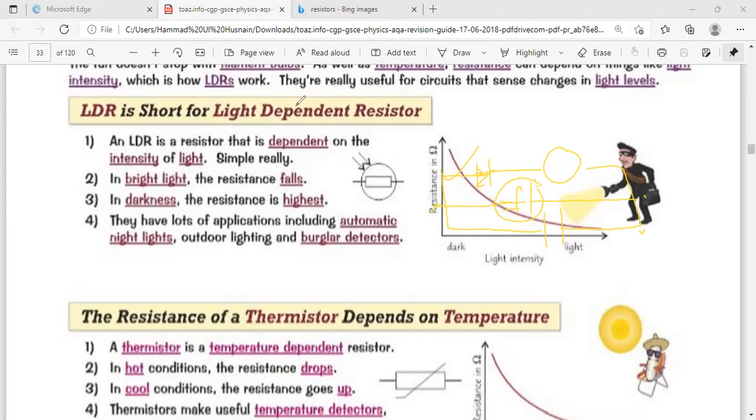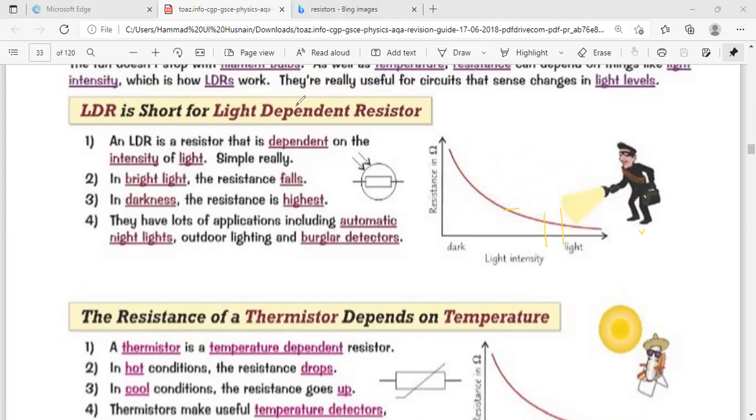Now when the resistance is small, current, instead of flowing towards this bulb, will flow through this, right? So it will not flow to the bulb. But when it gets dark, the resistance of this LDR will be very high, so current will not pass through it. Instead, the current will move towards that light and pass through the circuit of the light, and the light will turn on. So have you got it or not?